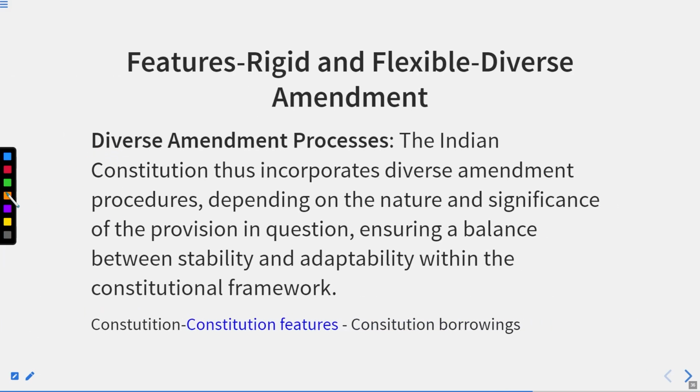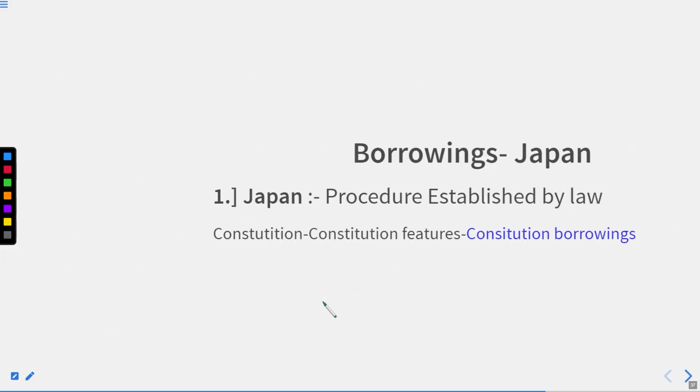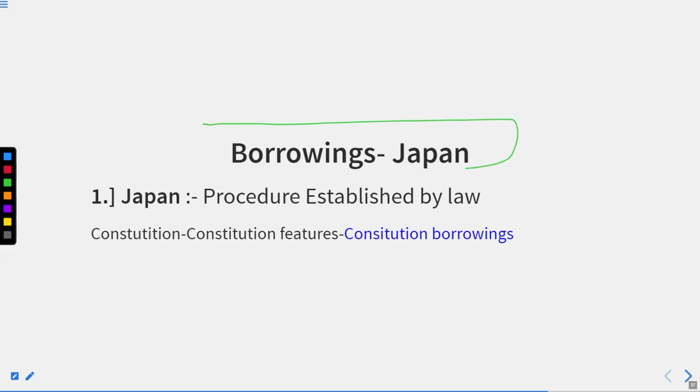Thereafter, we have the diverse amendment process. The Indian Constitution thus incorporates diverse amendment procedures depending on the nature and significance of the provision in question, ensuring a balance between stability and adaptability within the constitutional framework. Okay. Now, thereafter, constitutional features have been closed off.